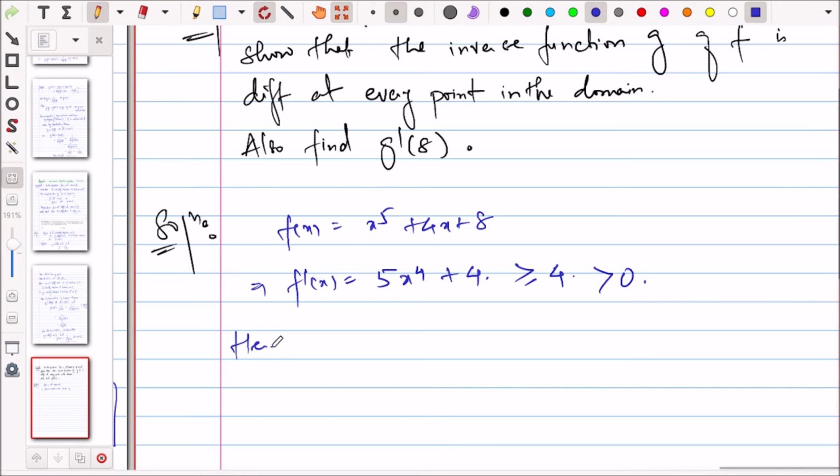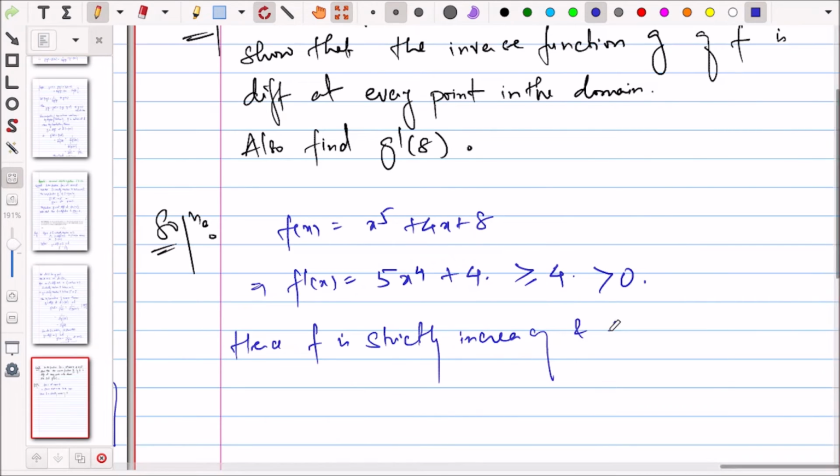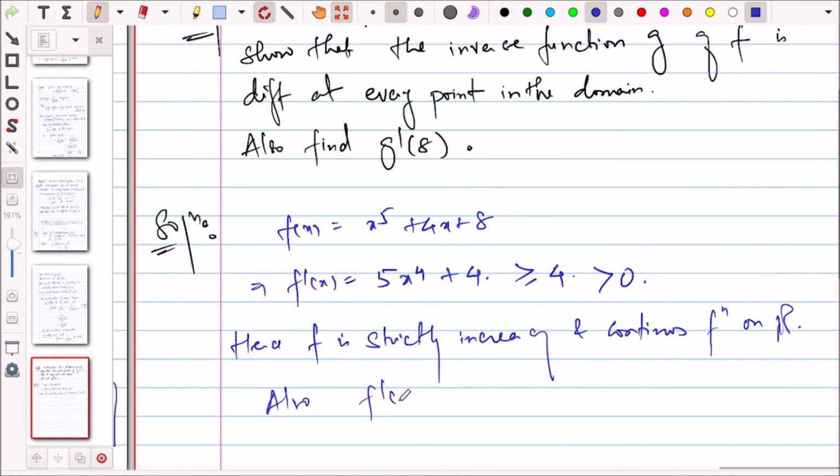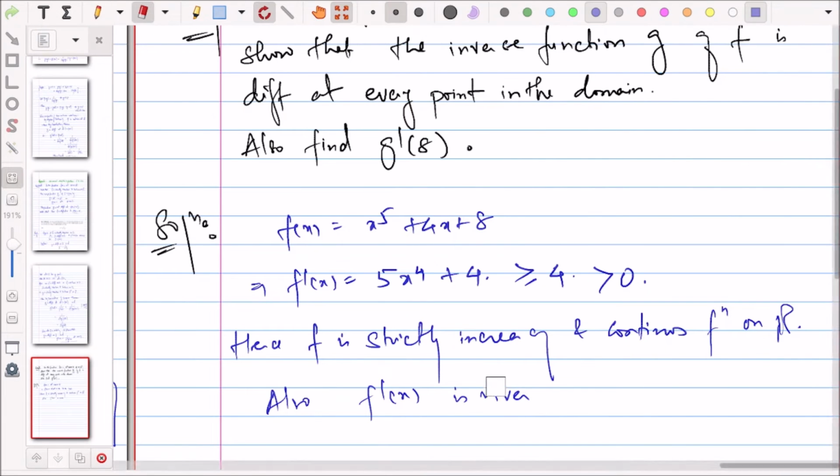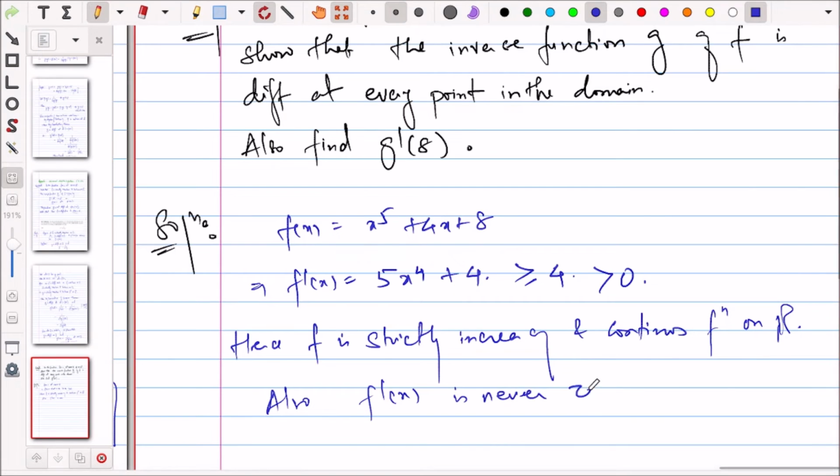Hence f is a strictly increasing and continuous function on R. Also, f dash x is never 0. It can never be 0. We can write f dash x is not equal to 0 for all x in R.